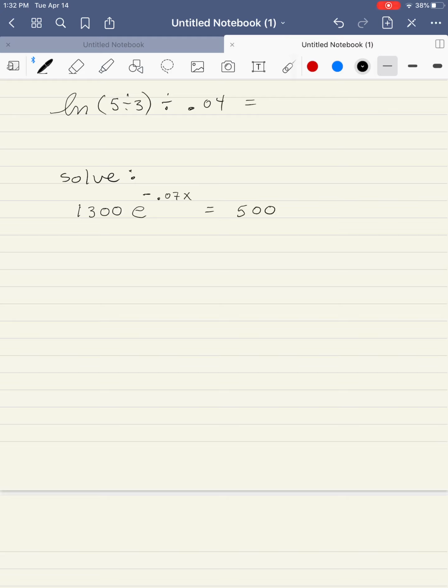All right. You solve this one, pause the video, look back at the previous example, and solve for x. Our first step is to isolate the exponential part. So I divide by 1300 on both sides.